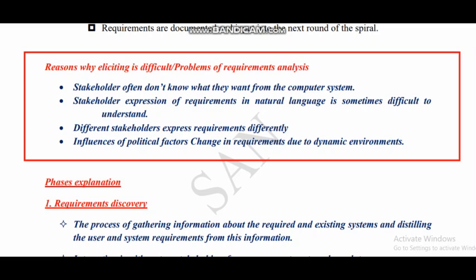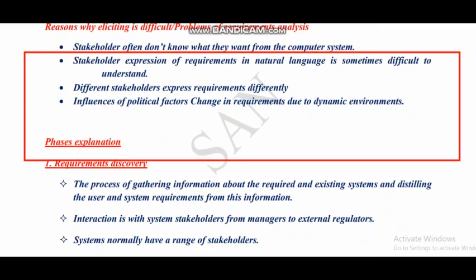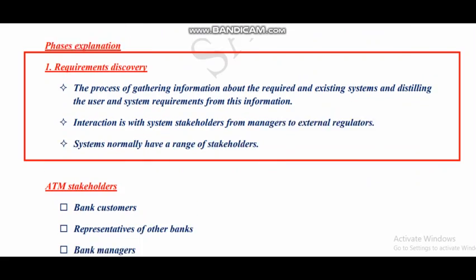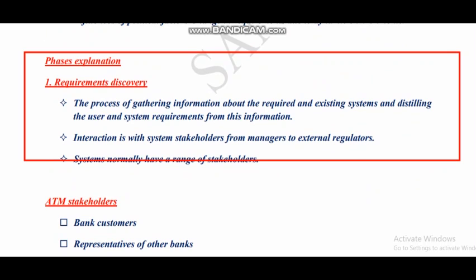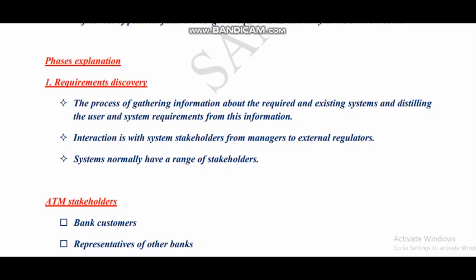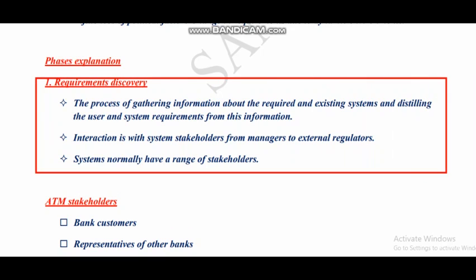So from the examination point of view, you need to explain these phases in more detail. The first phase which you need to explain is requirement discovery. In requirement discovery, we require different kinds of information.